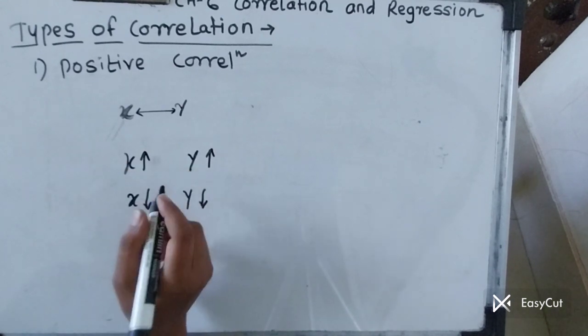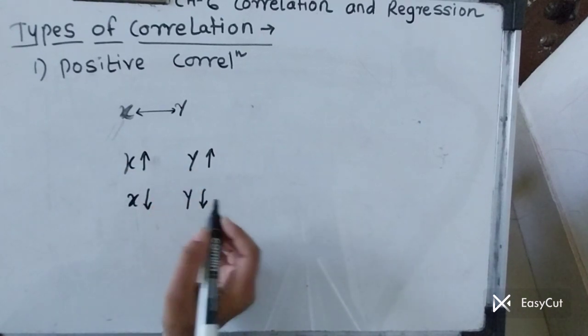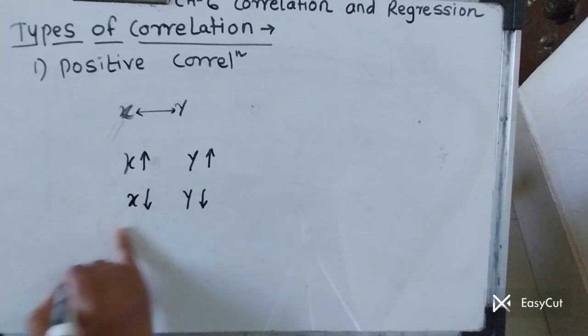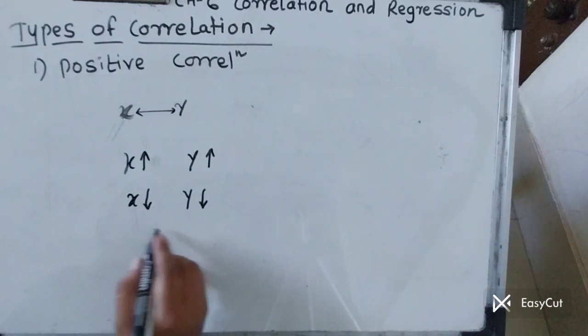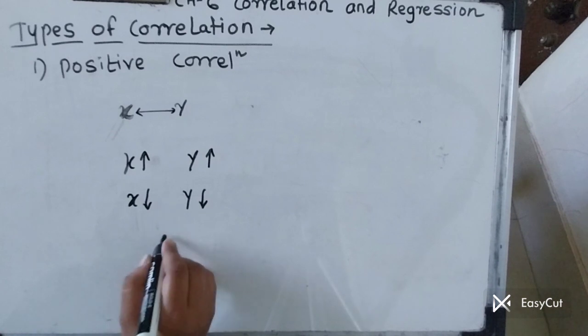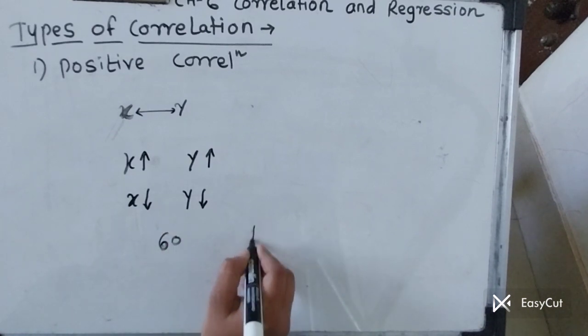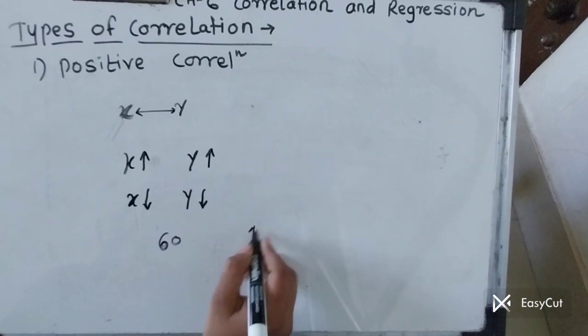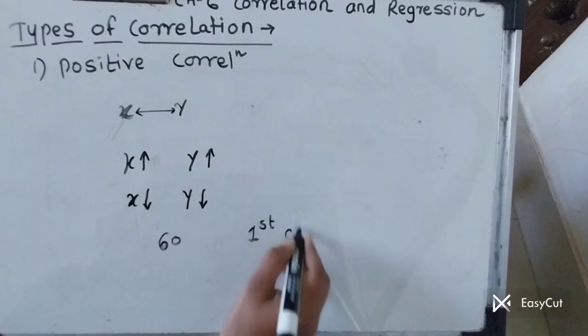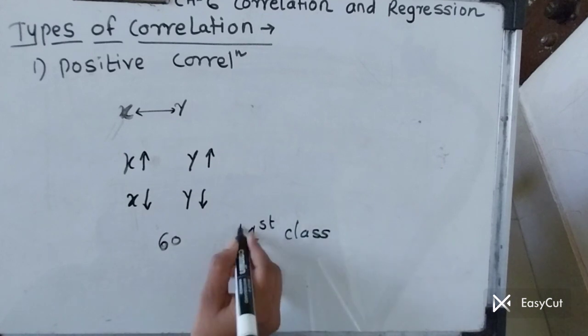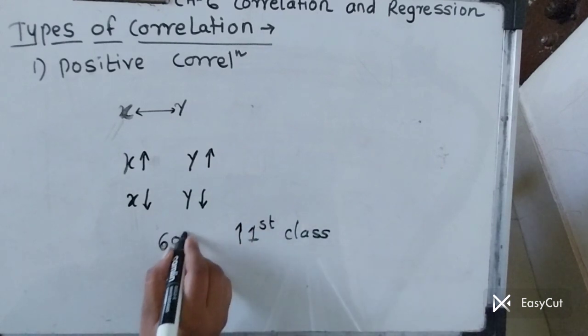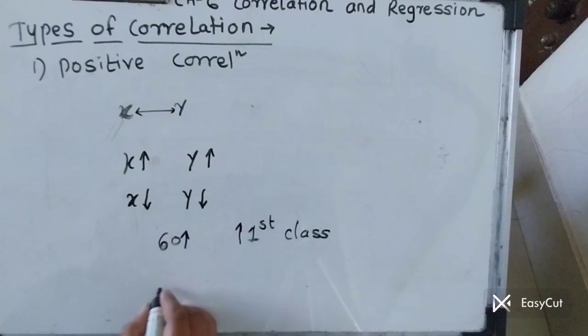For example, marks and intelligence quotient of some student. Suppose a student has 60%. So intelligence quotient is first class. Maybe we call it first class. So it also increases, marks also increases. Suppose it is 45 marks.